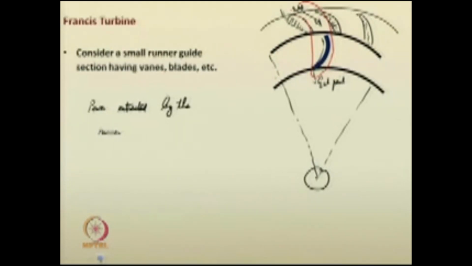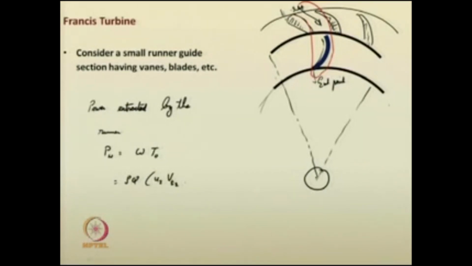That power extracted by the runner through the flow of liquid, or say this is the runner, or you can suggest this also. So, power extracted by the runner, this is P, can be given as omega into torque, rho Q.